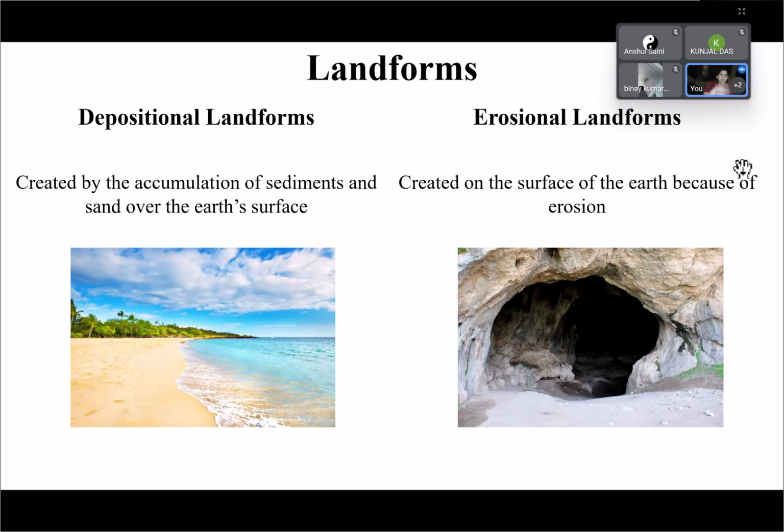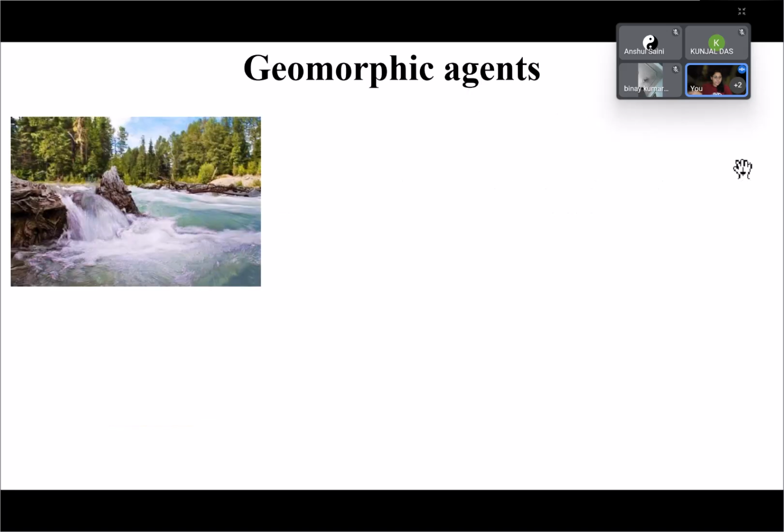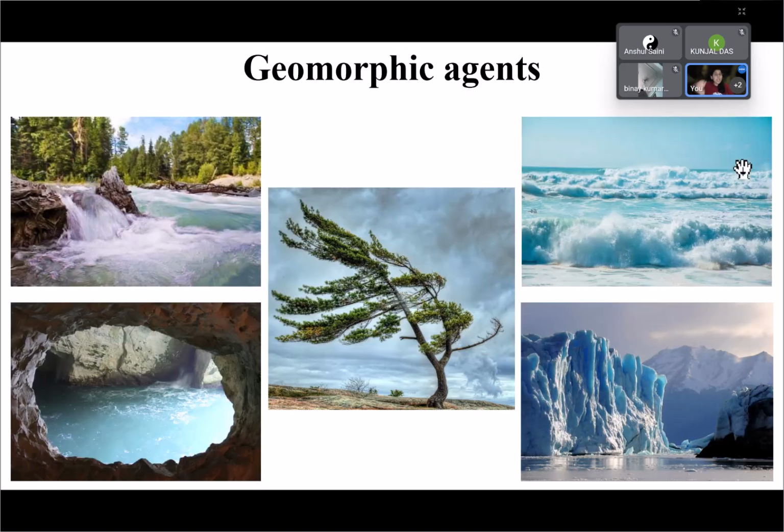So when you look at an image or read a name, it becomes apparent whether it is erosional or depositional. And these are the agents that have given rise to those different landforms: running water, still water, which is groundwater, ocean or ocean waves in particular, glaciers, ice, and wind.